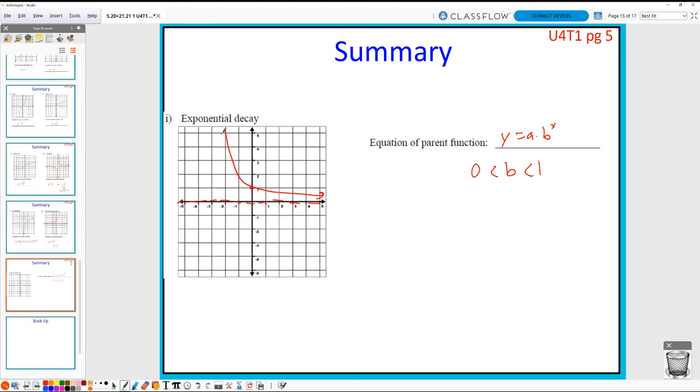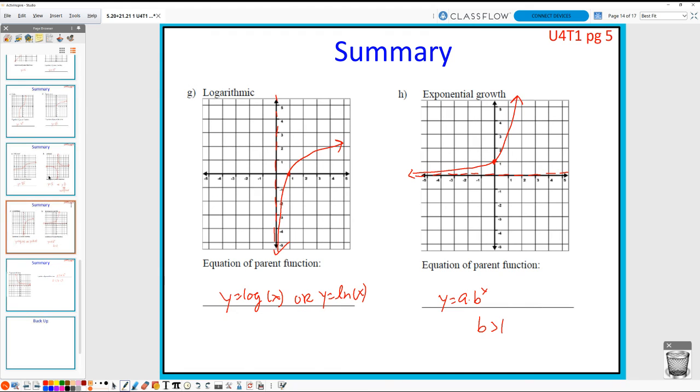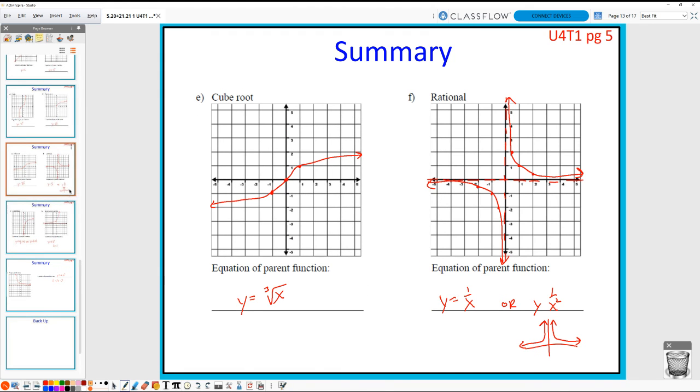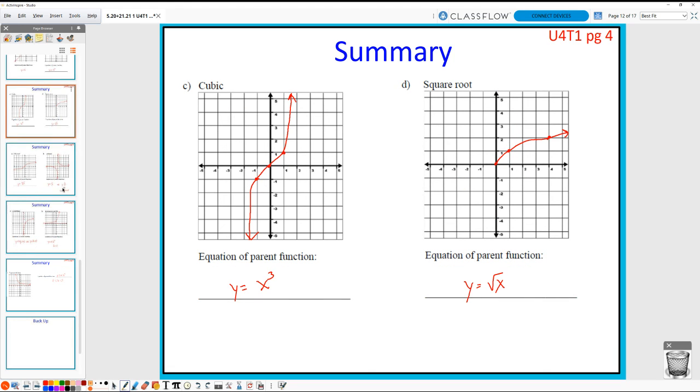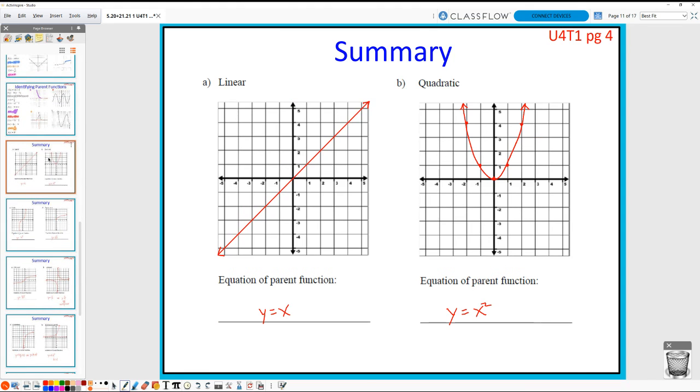Okay, so really, like I said, we've done all these before. In the very beginning of the year, I think we started off with exponential. We went to logarithmic. We looked at a little bit of cube root as well as square root. Then we went on to talk about the quadratic form of quadratic equations.